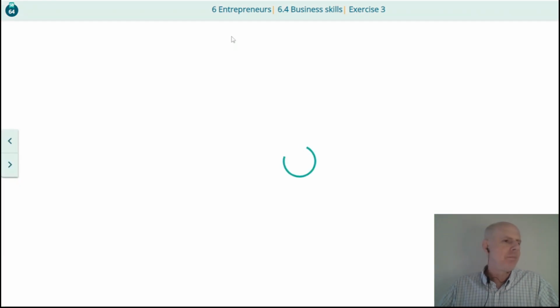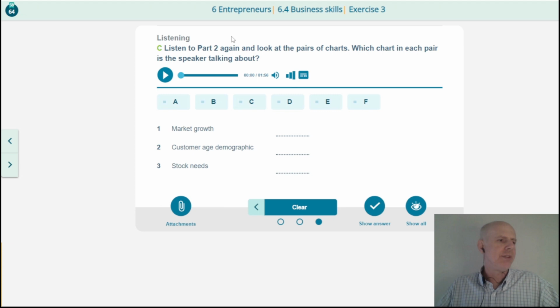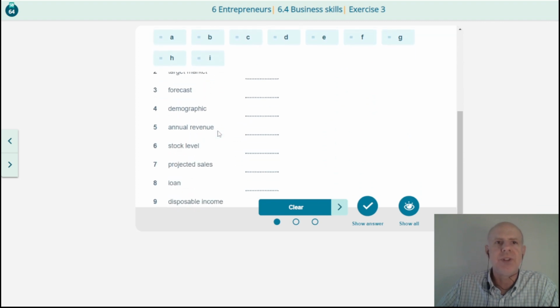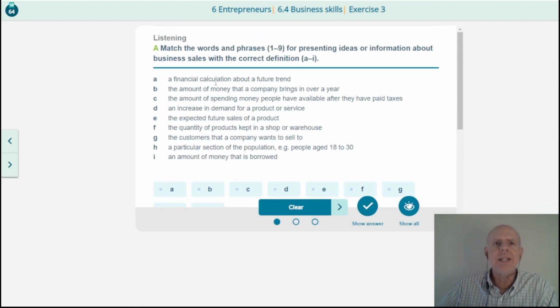Let me open here and let's work together. Market growth. Oops, sorry. Let's go back. Here we have all those definitions and we have the words and phrases. For example, a financial calculation about a future trend. The amount of money that a company brings in over a year. The amount of spending money people have available after they have paid taxes.